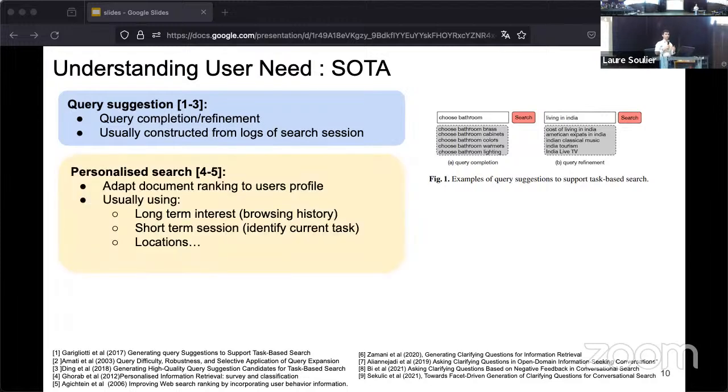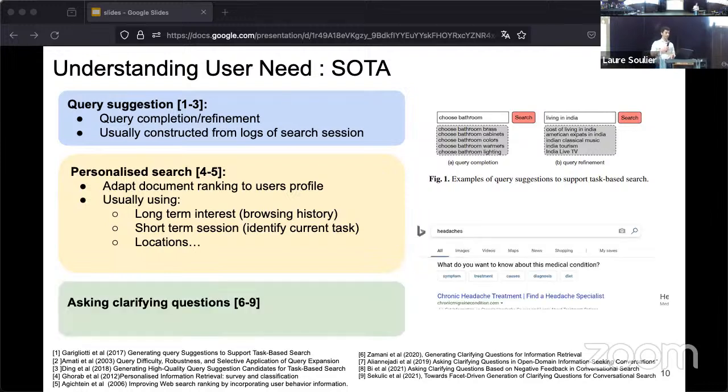There's also personalized search, where the system adapts the ranking of the retrieved documents to the user, based, for example, on the browsing history of the user, but also on additional information such as location and so on. And lastly, one other method is to involve the user directly in the refinement process by asking clarifying questions.